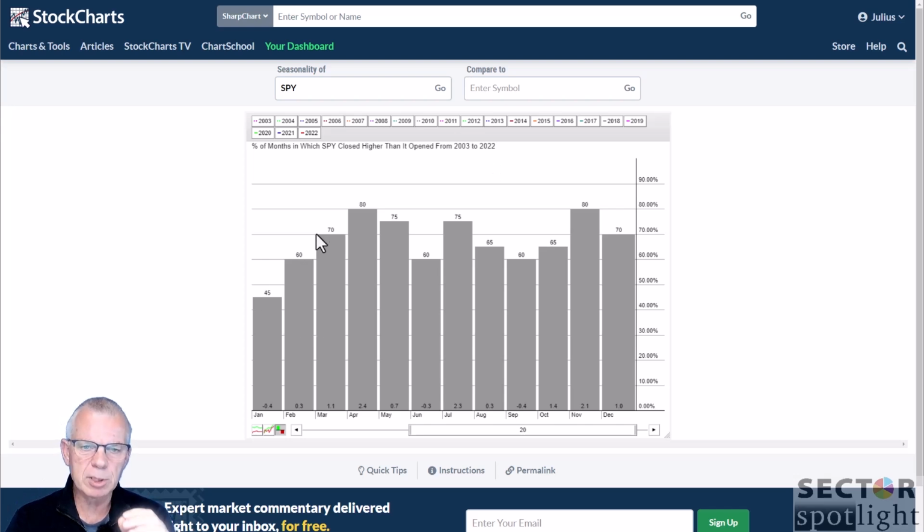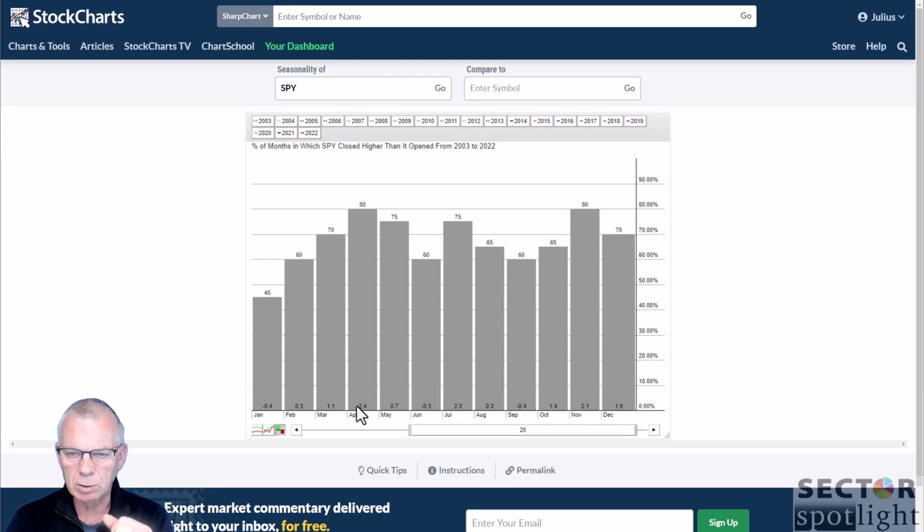These numbers are the percentage of months where the S&P closed higher than it opened, and the little figure at the bottom here is the average percentage return for that particular month.